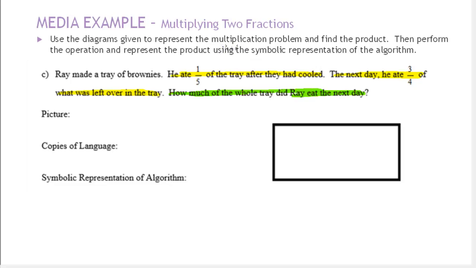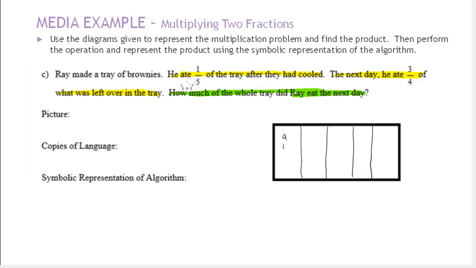Okay, so let's draw a picture of this, and this is a great example of why you shouldn't just take the numbers and start multiplying them, because notice it says he ate 1/5 of the tray after they had cooled. So we're going to break this into 5 equal pieces as best we can. 5 can be tricky. Imagine that they're the same size, and he ate 1/5.